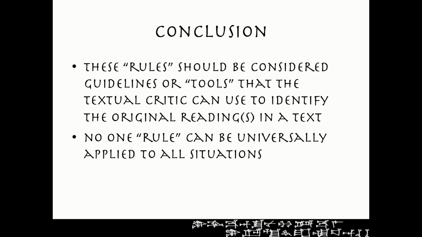That would be a too simplistic and not a sophisticated enough approach to the passage. You have to make sure as a text critic that you're using these tools, these guidelines, but you're using them in a way that takes into account all of the other things that are going on in the text.